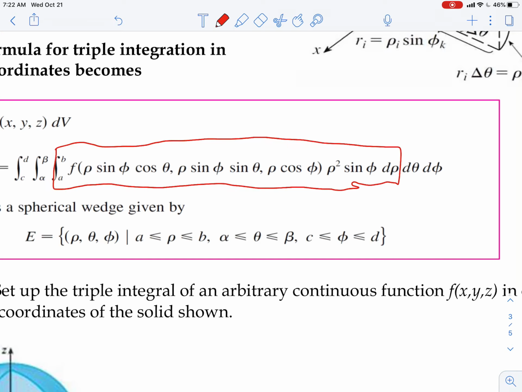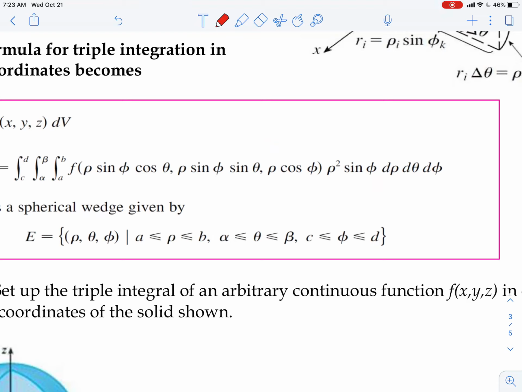All right, so here you see rho is the inside integral right there. Rho is always going to come first, like when we're talking about cylindrical, z is going to come first. Then these two, theta and phi, are going to be interchangeable, but usually we'll say d theta, d phi.